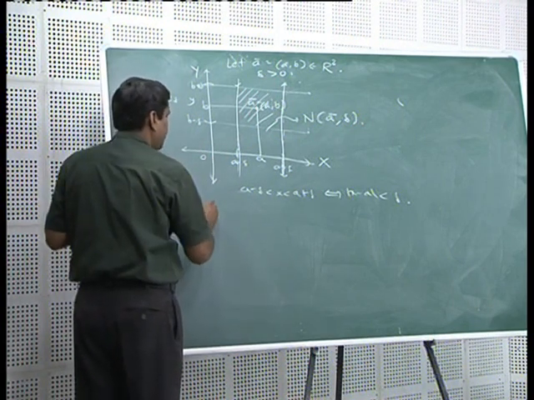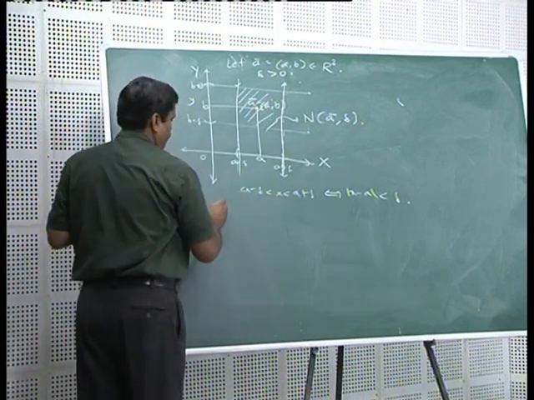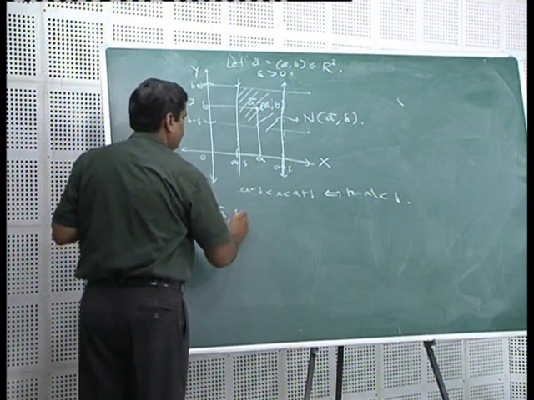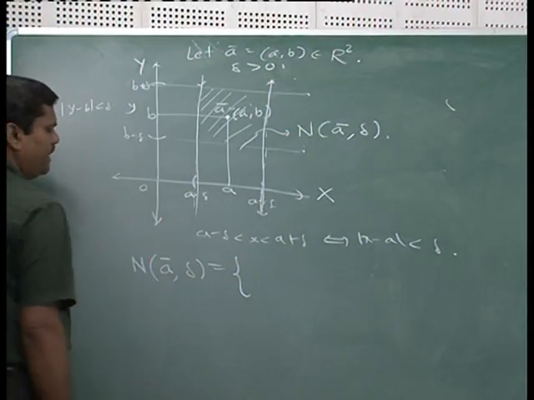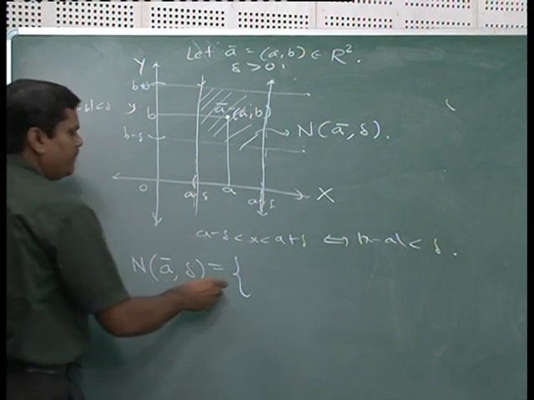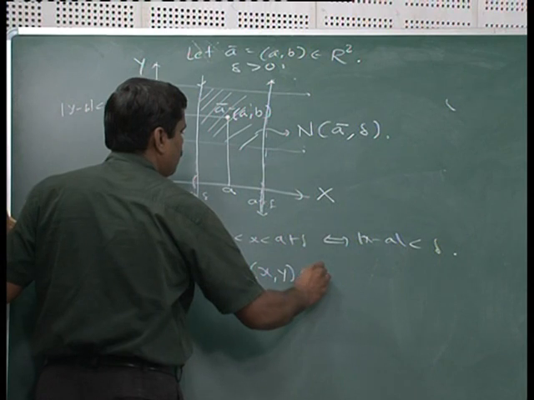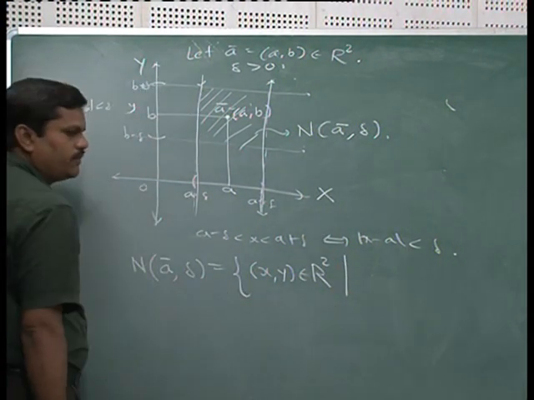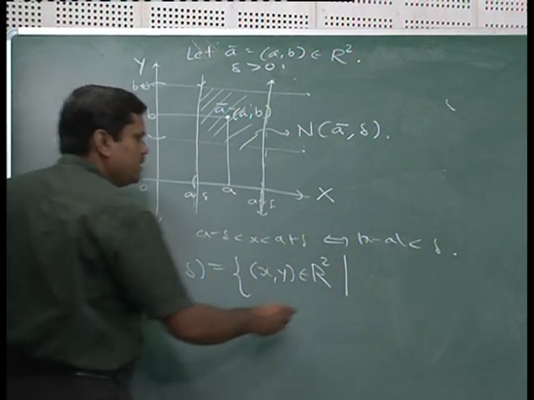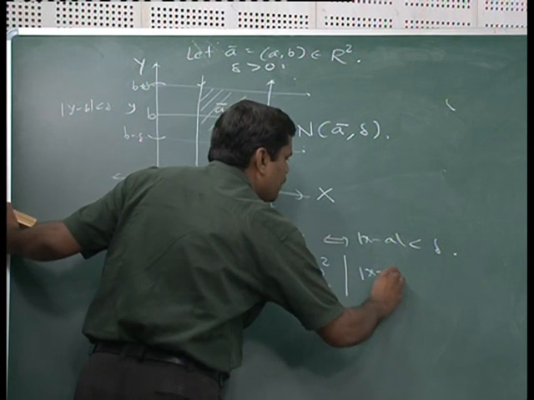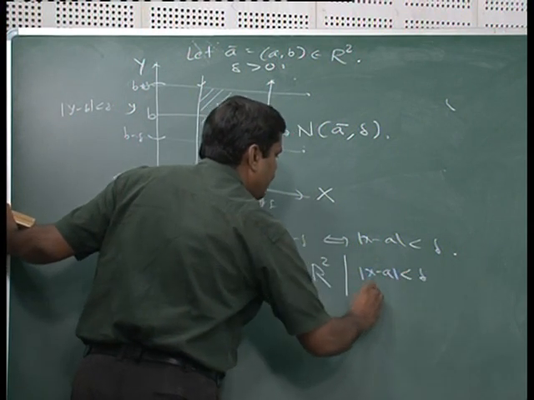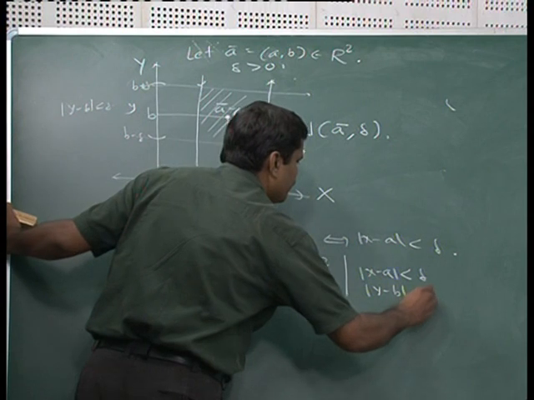By the property method, N(A bar, delta) is the set of all (x, y) belonging to R2 such that mod of x minus A is less than delta and mod of y minus B is less than delta.